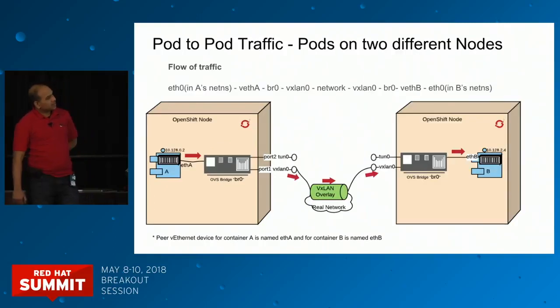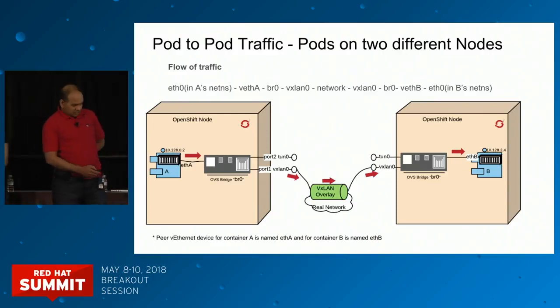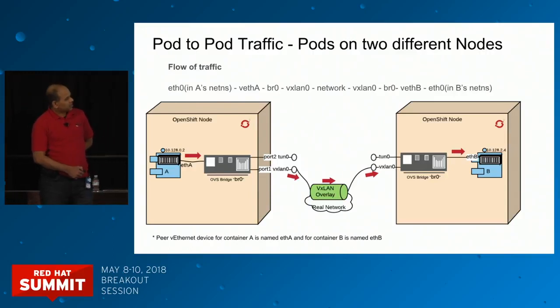What happens if pod A wants to talk to pod B, but pod B is on a different node? So traffic goes out to BR0, right? Based on what I just said before, every node knows about every other node on the cluster, right? So since the traffic is addressed to a different subnet, here you see the 2 here, right?